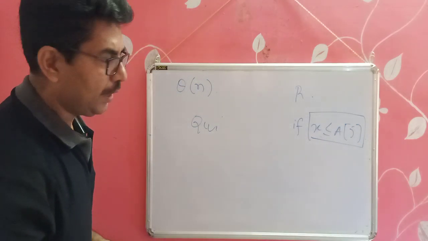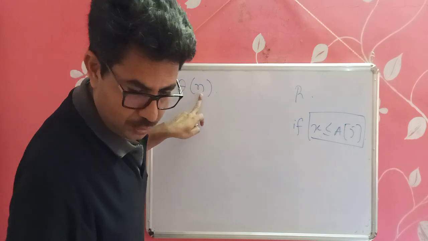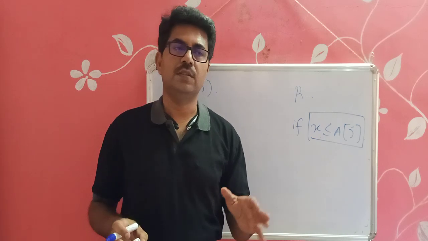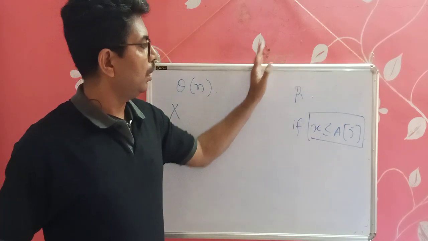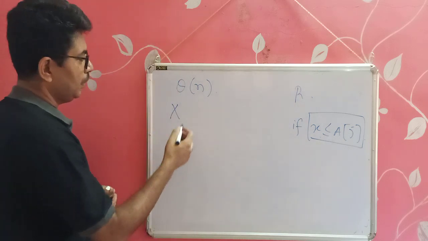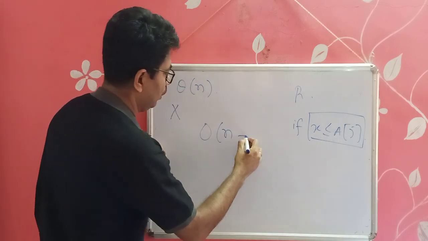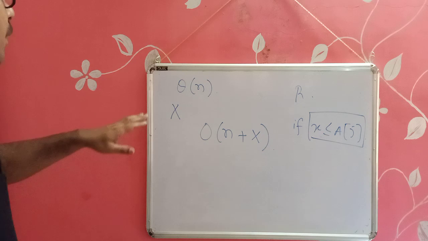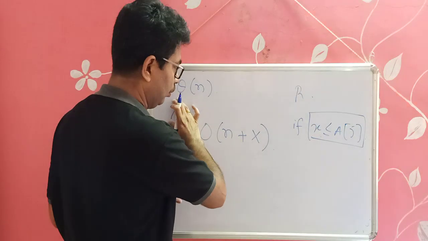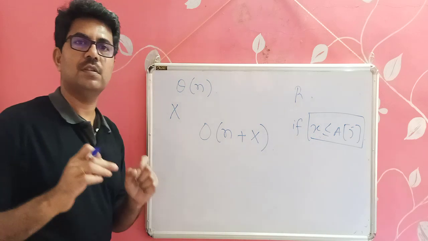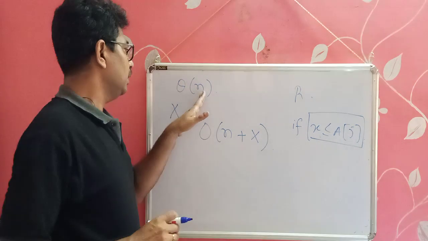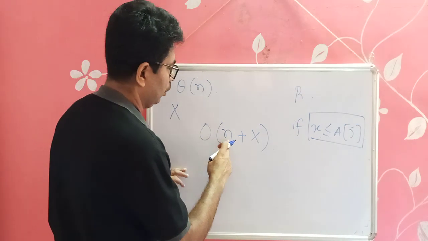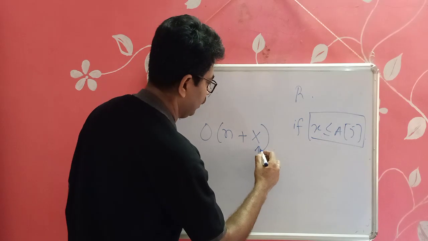Now if theta n is the time complexity for partition and x is the total number of comparisons done in the quicksort algorithm, then the time complexity is order of n plus x. So our target is to find this value.